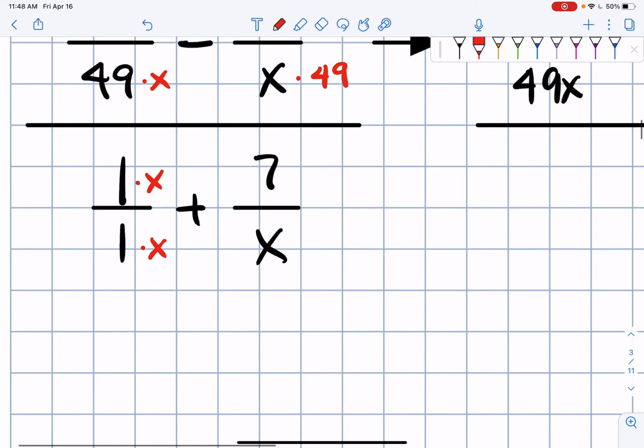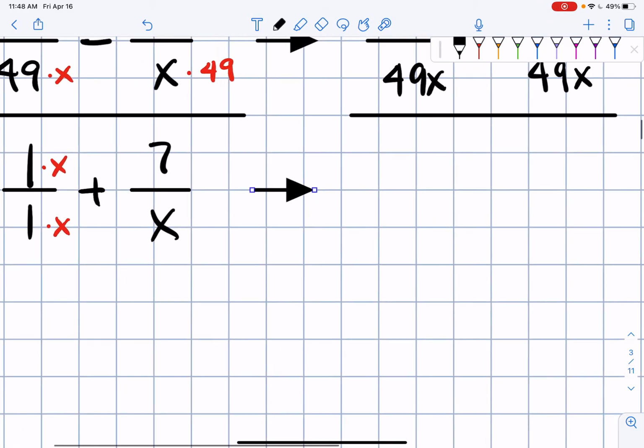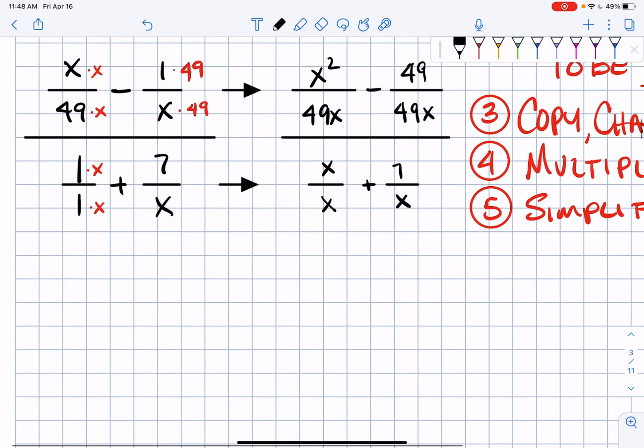Okay, so this one here is going to look like this. It's going to be an x over x plus 7 over x. Okay, so let's go ahead and combine the top together.